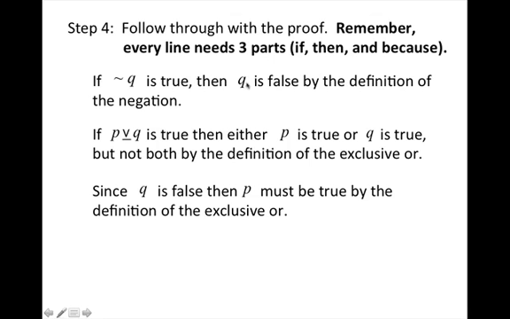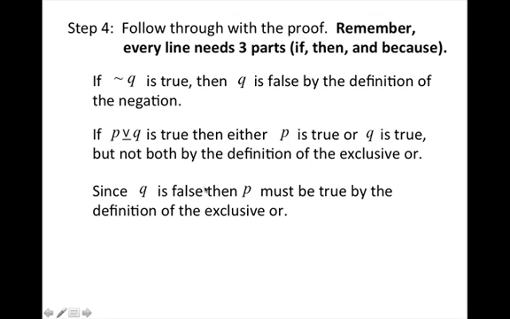Well, since Q was false, which I concluded in the first line of my proof, then P must be true by definition of exclusive or. So I was told that either P or Q have to be true by this definition. Well, since Q is not true, then that means P must be true. So since Q is false, that serves as my if.